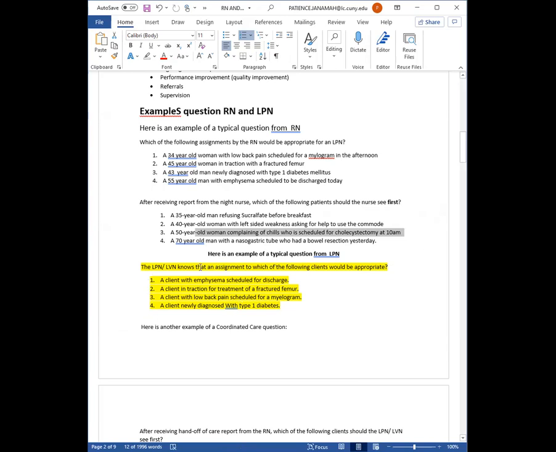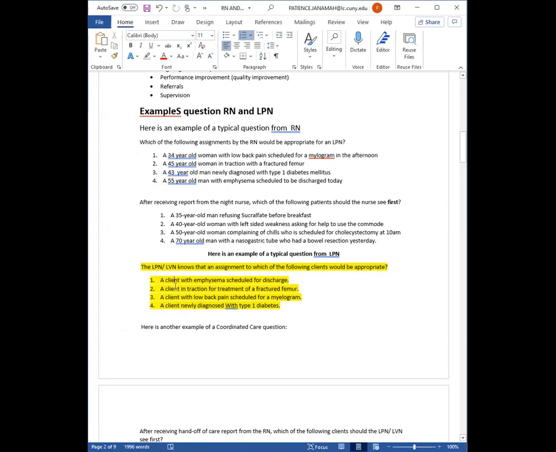Now, the LPN area asks which of the following clients the assignment will be appropriate for. So this one is the RN setting. Just to let you know, this is how they set the questions to make it look like they're different, but technically they are the same. This is the opposite of it. It's the same material when you look.